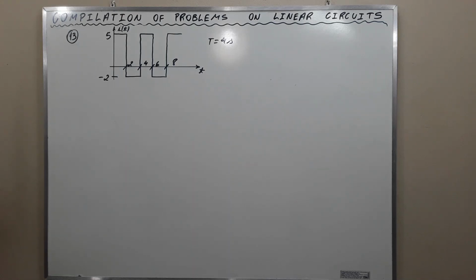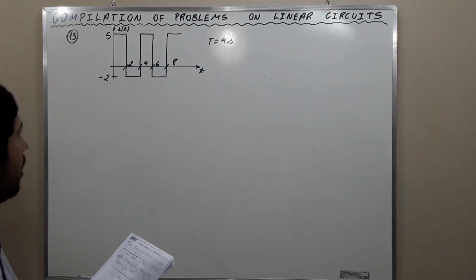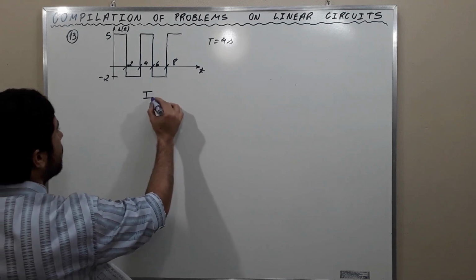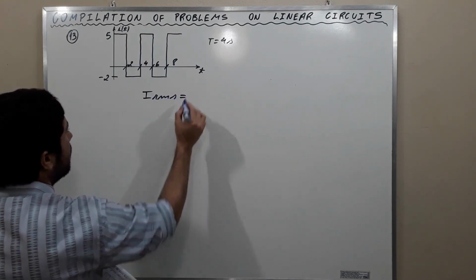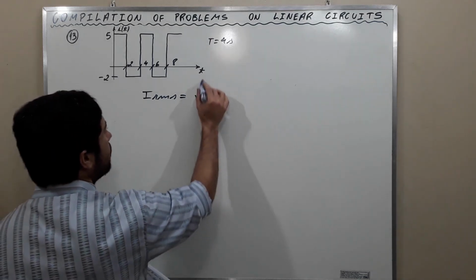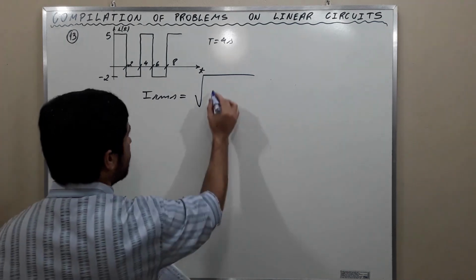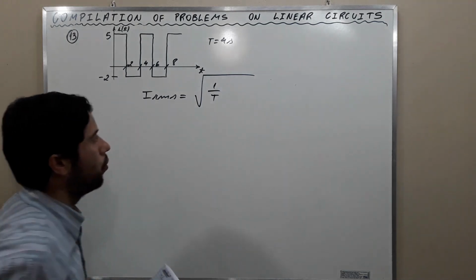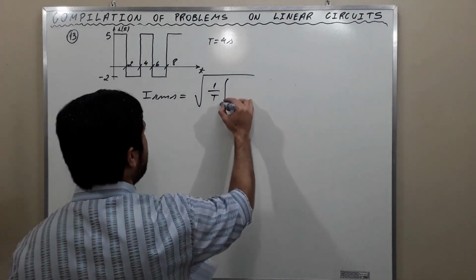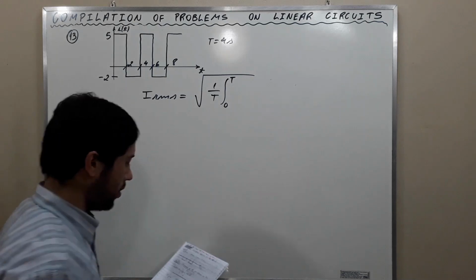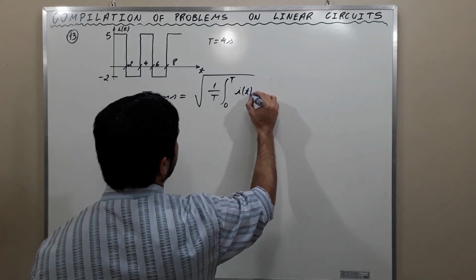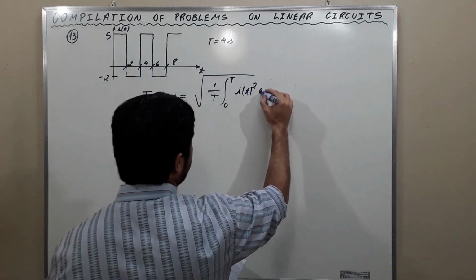The RMS value of this current can be calculated as I_RMS equal to the square root of (1 over the period) times the integral from 0 to the period of i(t) squared dt.